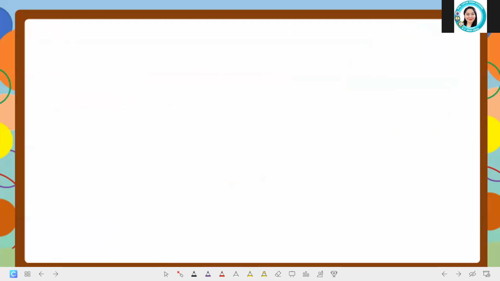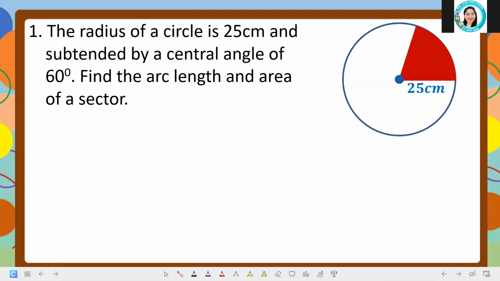Now, how about for the area of a sector? So, ulitin ko yung formula for the area of a sector. Area of a sector is equal to pi r squared theta divided by 360 degrees. So let's substitute the values.